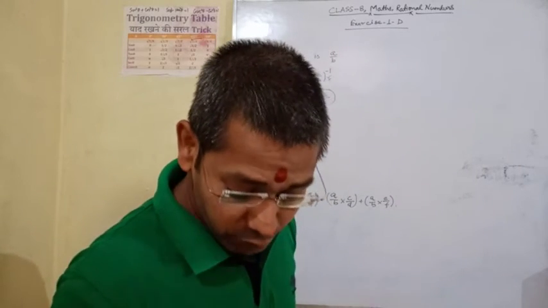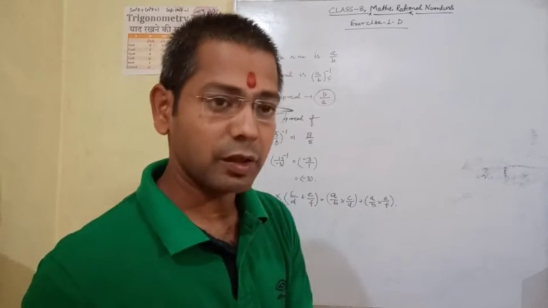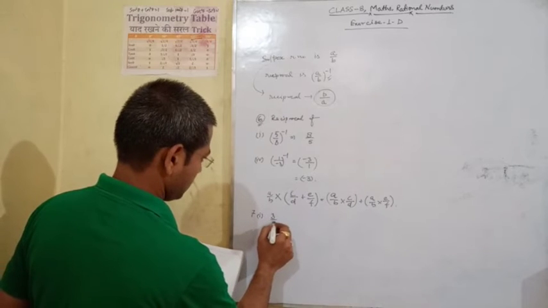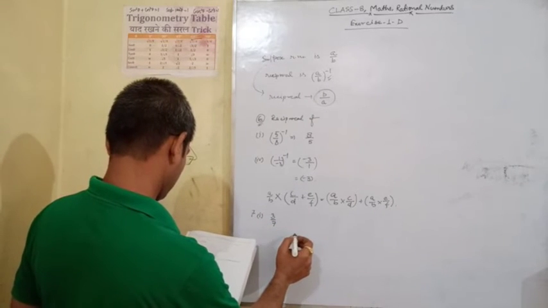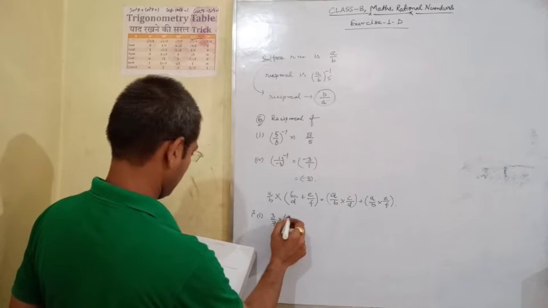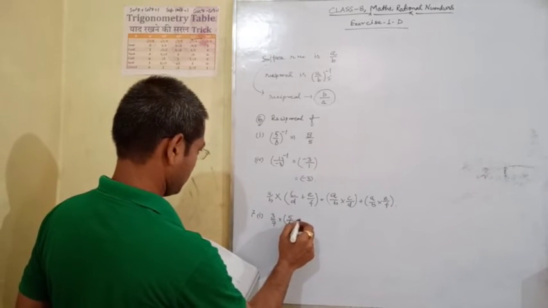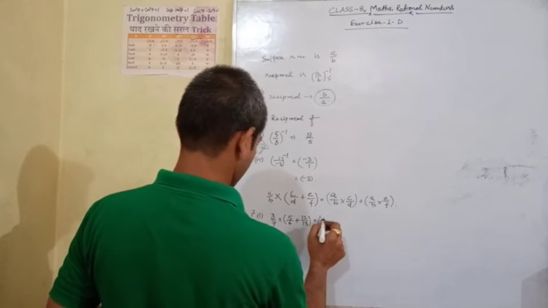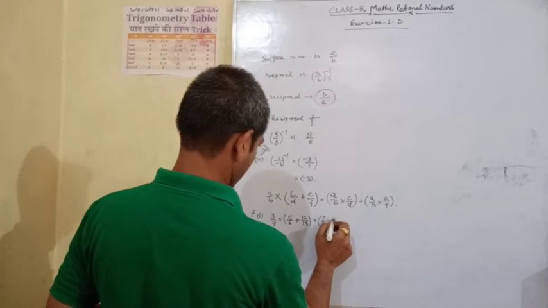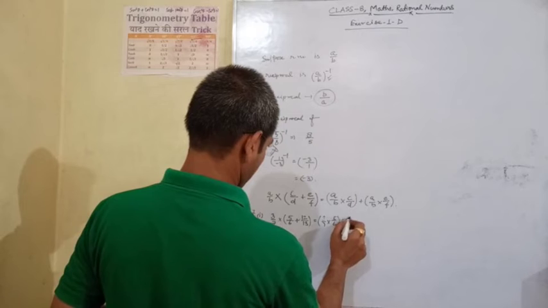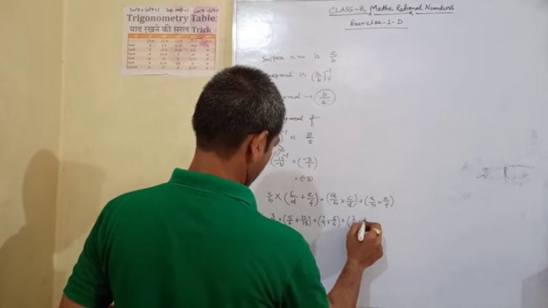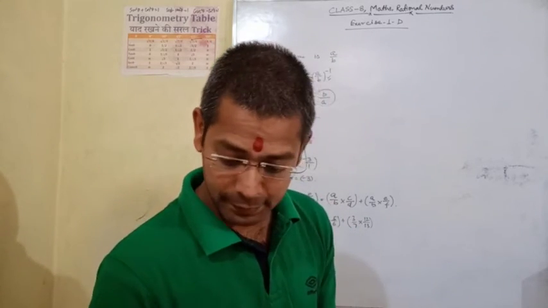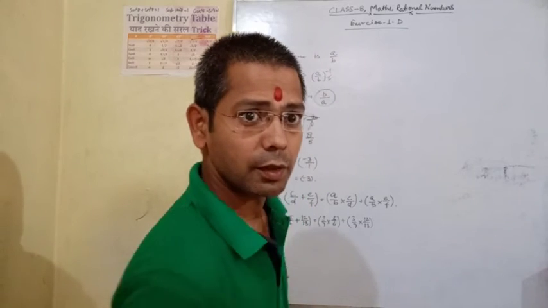Now, the question is 3 upon 7. Now see the solution.